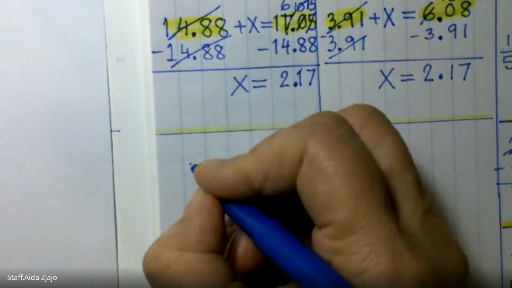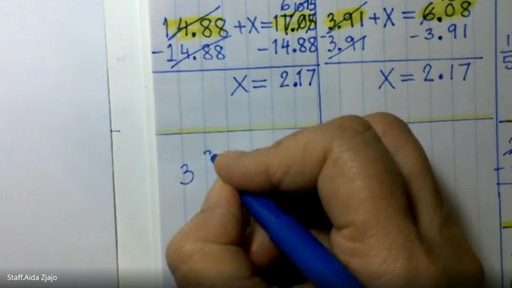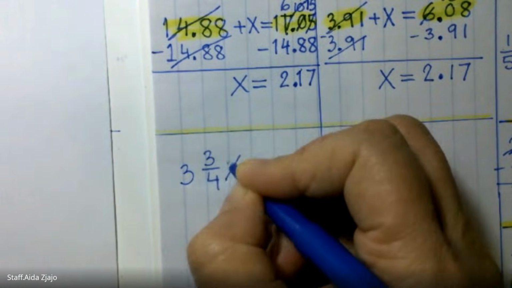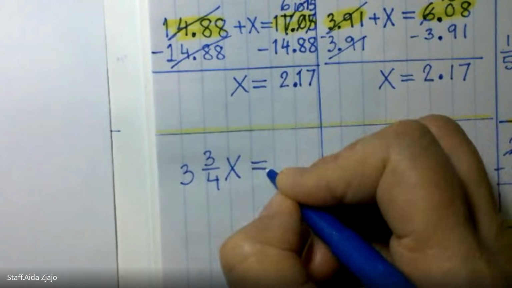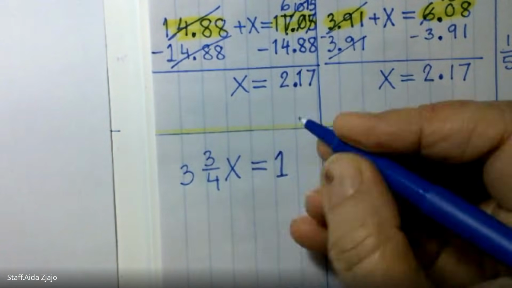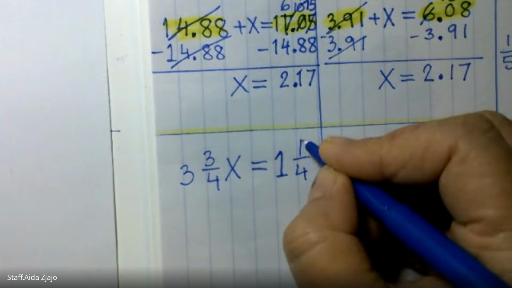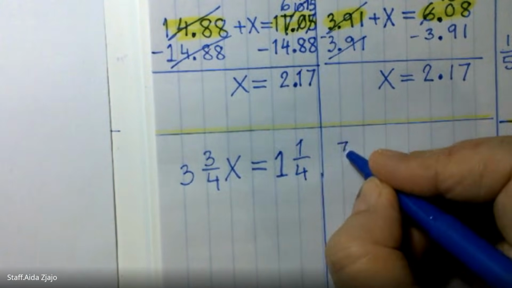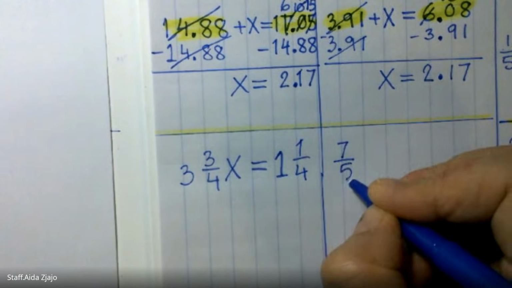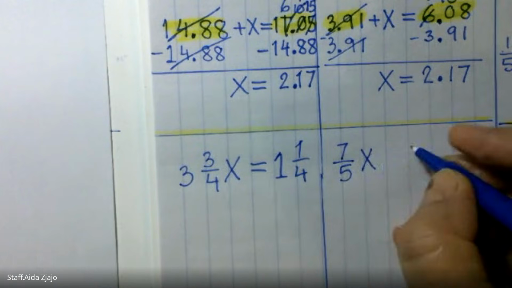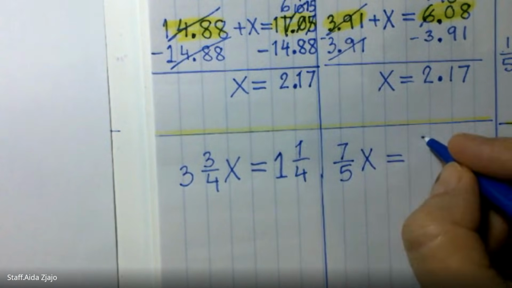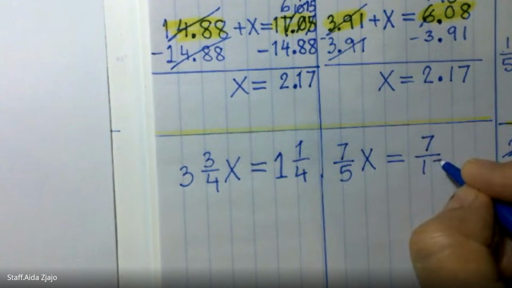Okay, 3/4 X is same as 1 and 1/4. Okay, 7/5 X is same as 7/15.